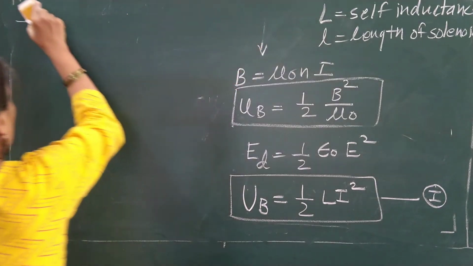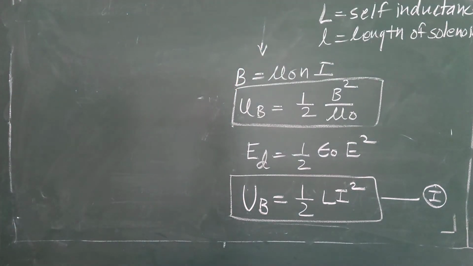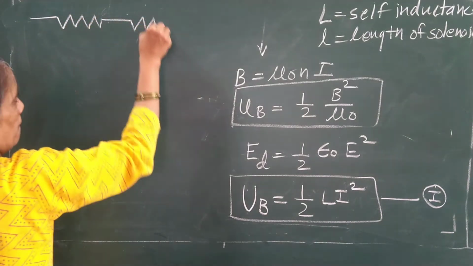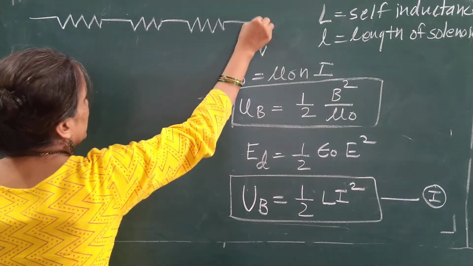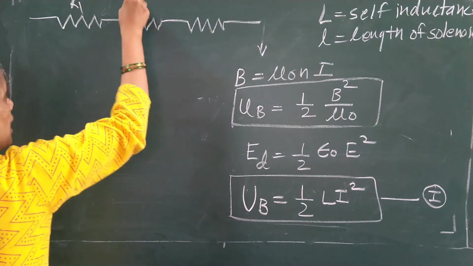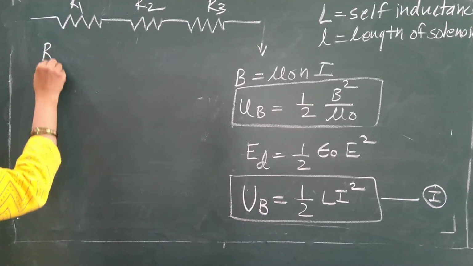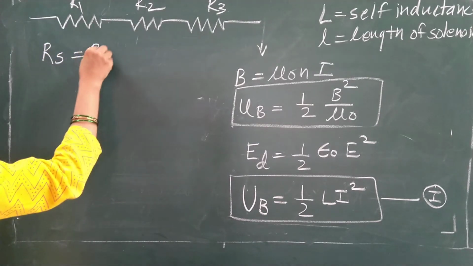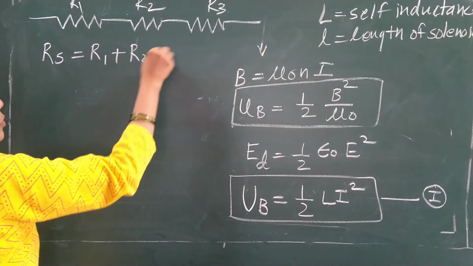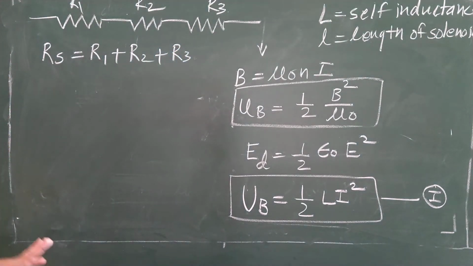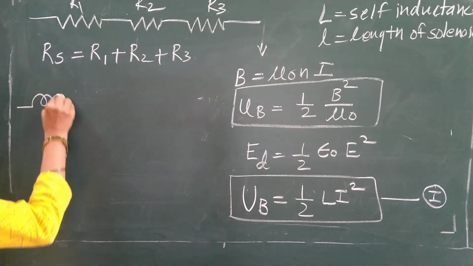Okay. Now in the same lecture, I can give one more formula. It is very simple. You know resistors. When a number of resistances R1, R2 and R3 are connected in series, their series combination we can write as R_S is equal to R1 plus R2 plus R3. Right? In the same manner, I can consider 3 coils.